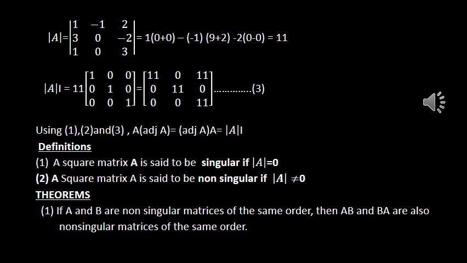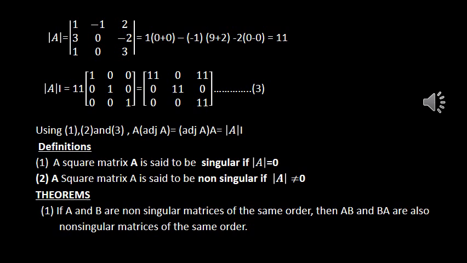The number associated with the square matrix. So if the number associated with the square matrix is 0, we say the matrix is singular. If it is not equal to 0, we say non-singular. Don't forget: singular if determinant is 0, non-singular if determinant is not equal to 0.